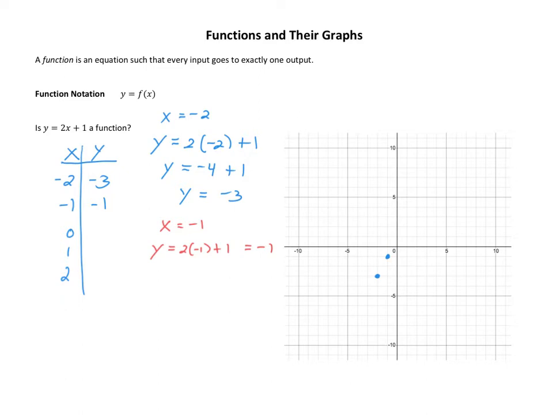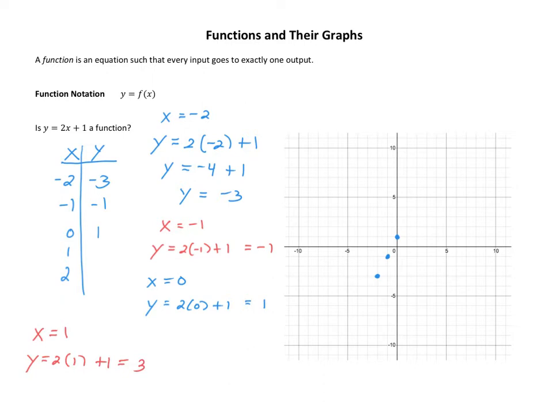There is never another one above it or below it. Okay, check x is equal to 0. Let's see, that is y is equal to 2 times 0 plus 1. That's 0 plus 1, which is 1. So here at the input of 0, you get the output of 1, and there's never another one above it or below it. Continuing, for x is equal to 1, y is equal to 2 times 1 plus 1, which is 3.